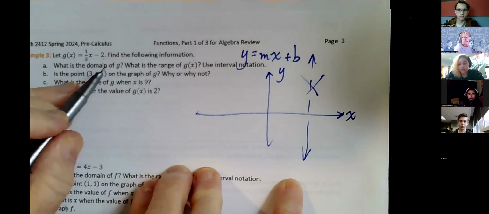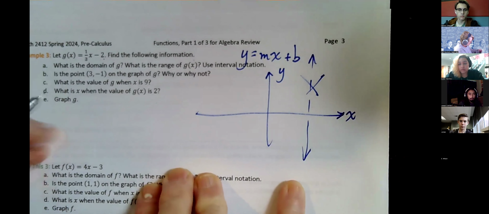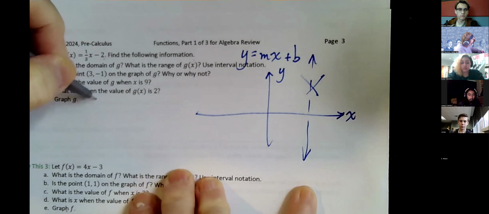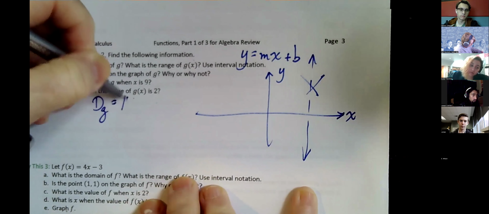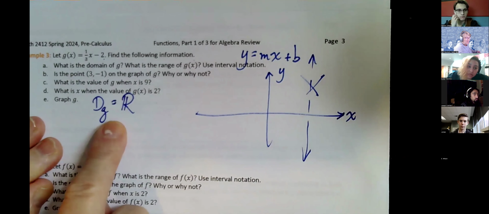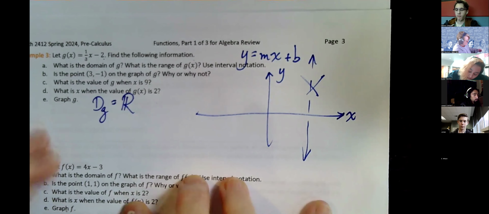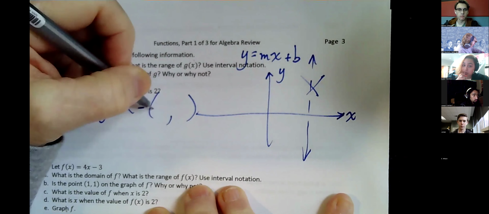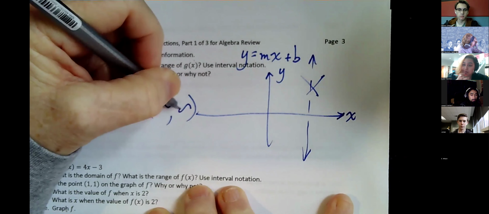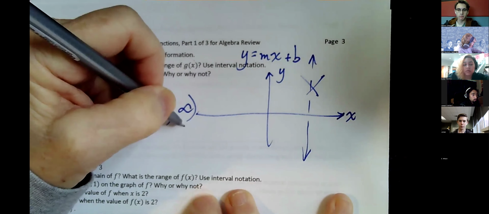So what is the domain of this? All reals. Yeah, we can write a double bar on an R, which means reals. We can write it in interval notation, negative infinity, comma, infinity.